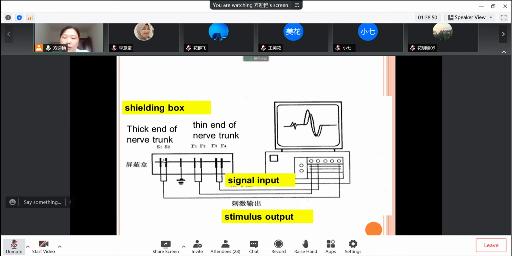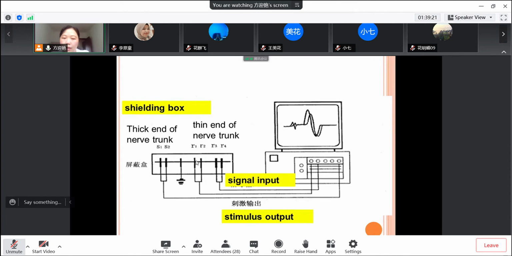So if we stimulate, the action potential can be conducted to the recording electrode.